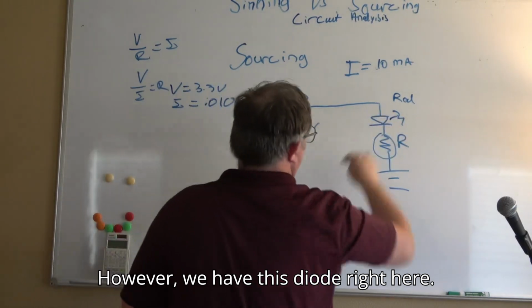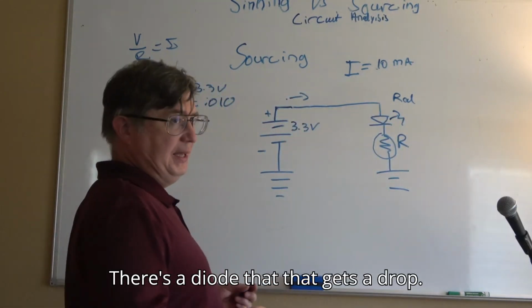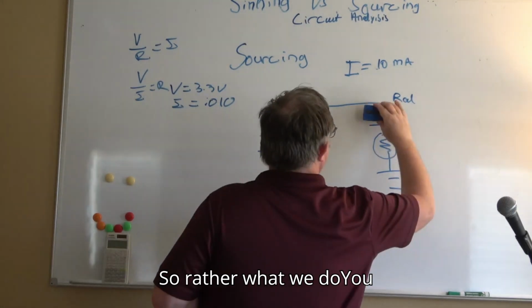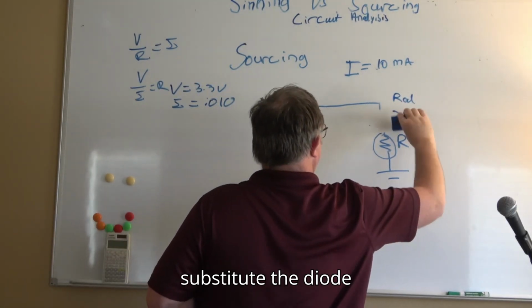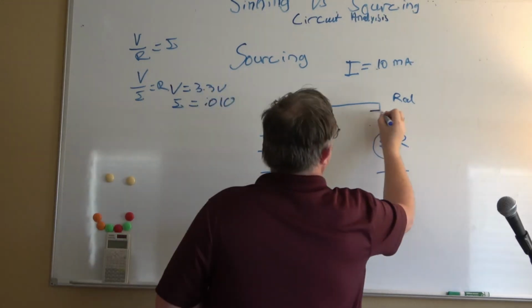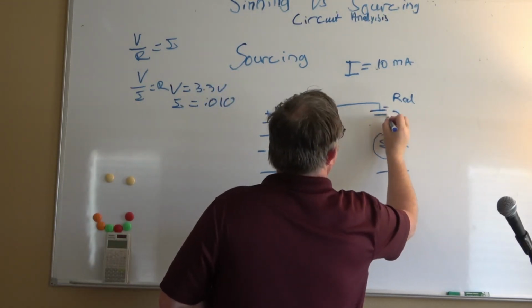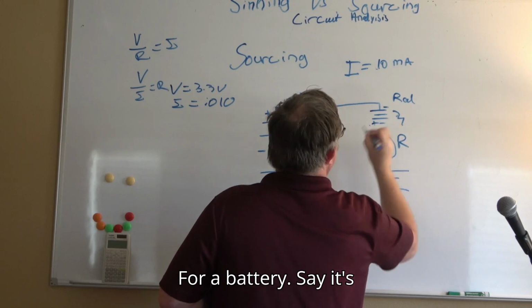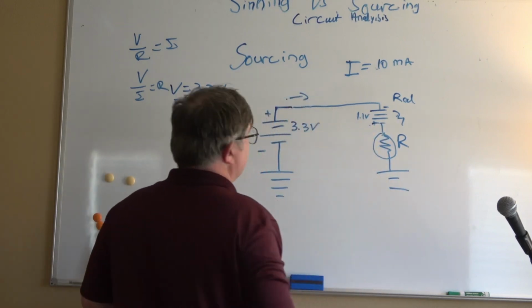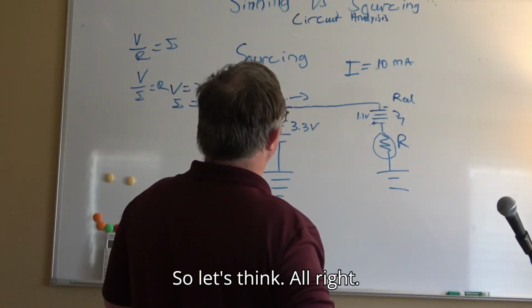However, we have this diode right here. There's a diode that gets a drop. So rather, what we do is substitute the diode for a battery. Say it's about a 1.1 volt battery. So let's think.